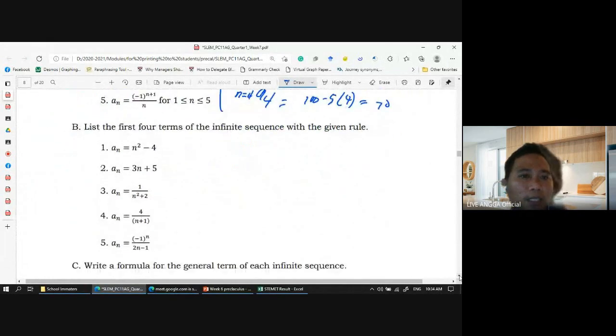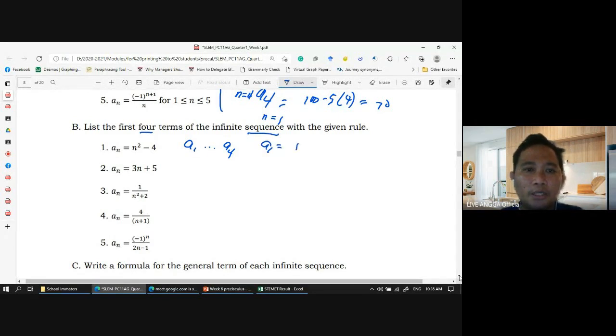Letter B naman, list the first 4 terms of infinite sequence with a given rule. So, first 4. Kung mag-first 4 tayo ng infinite sequence, it starts with n is 1. Natural numbers gid ang gagamiton. So, a sub 1 to a sub 4. Kung a sub 1, you have 1 squared minus 4. A sub 2, that is 2 squared minus 4.